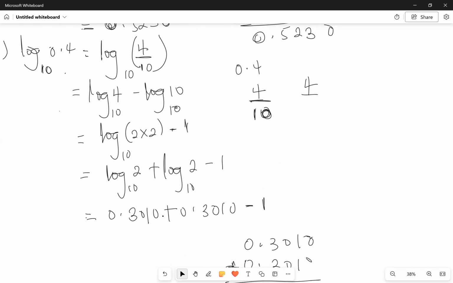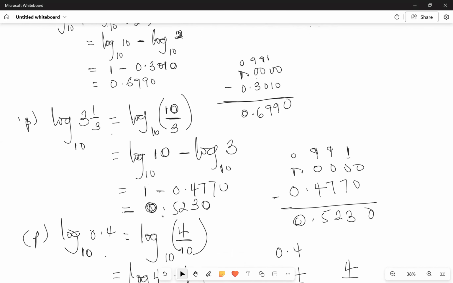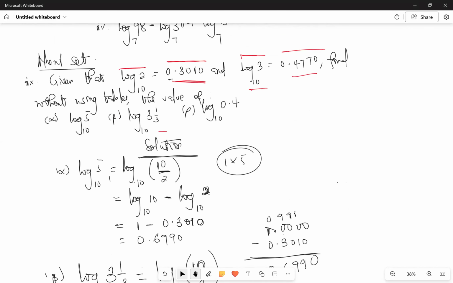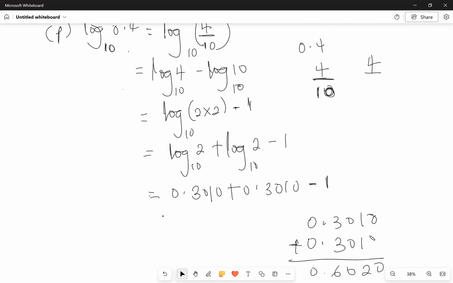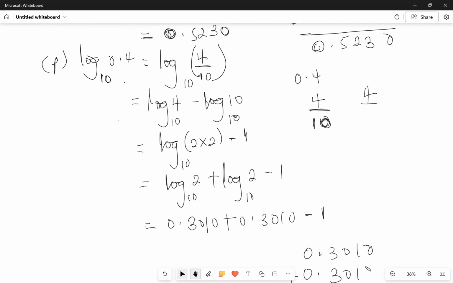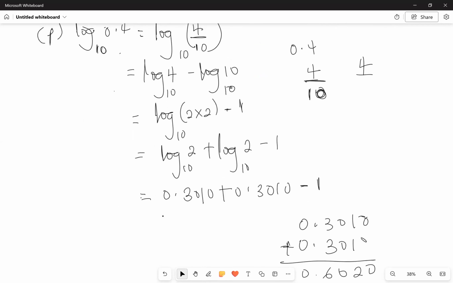Yes. Minus log 10 base 10. Okay. And what was given? Log 2 base 10 was 0.3010. Okay. Right.